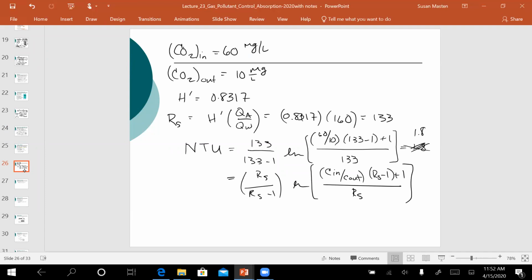So I've just written the equation. I wrote it backwards, so the height of the transfer unit is equal to L over MW at KLA. So our loading rate divided by the molecular weight of water, that's actually not the molecular weight, it's the density of water, the molar density.